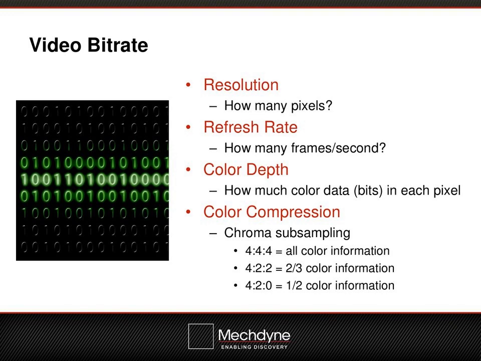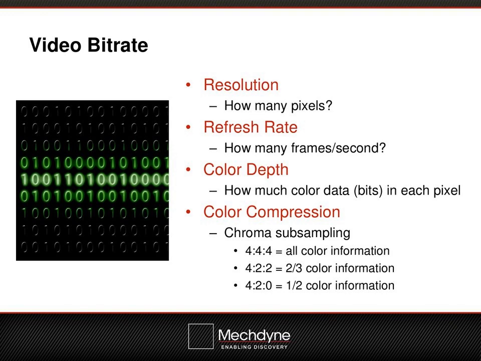And then you can talk about color compression. There's a concept called chroma subsampling, and this is what some people use as part of their video signal to reduce the amount of color information. Now, if we have time, there's a fun little thing we might get to in a minute that talks about this. But what you need to know for now is you'll see some funny terms around that: 444, 422, or 420.